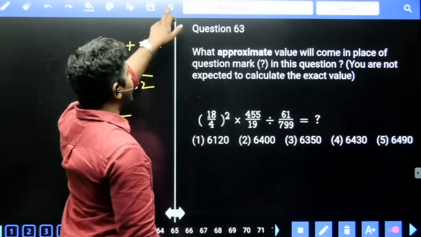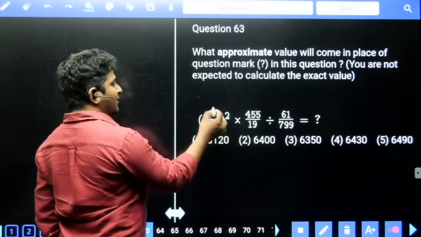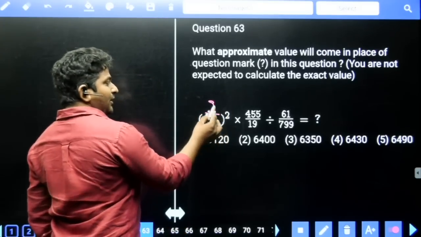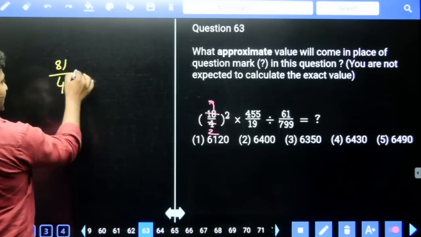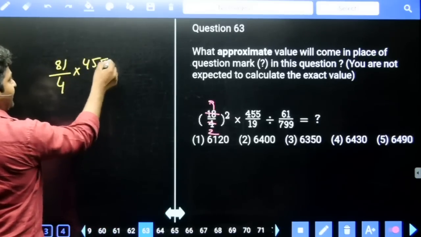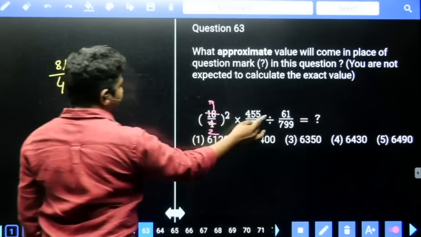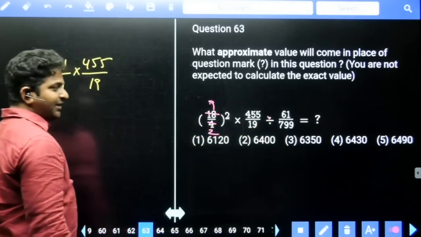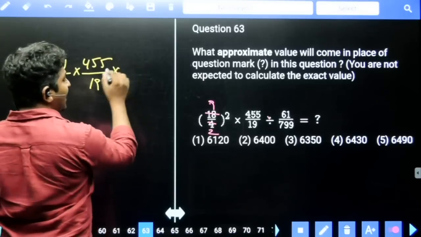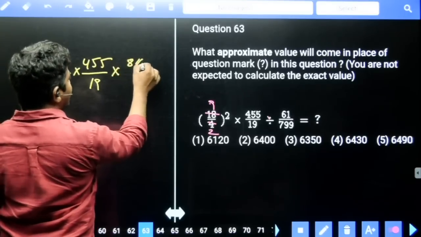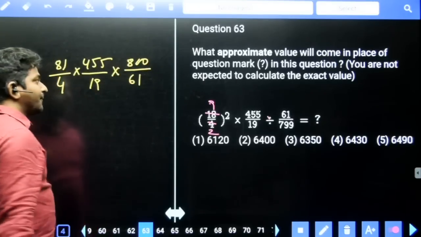Next, 18 by 4 whole square. 18 by 4 can be written as 9 by 2. 9 square 81, by 2 square 4, into 455 divided by 19 divided by 61 by 799, which can be written as into 799 by 61, and that can be treated as approximate 800 by 61.